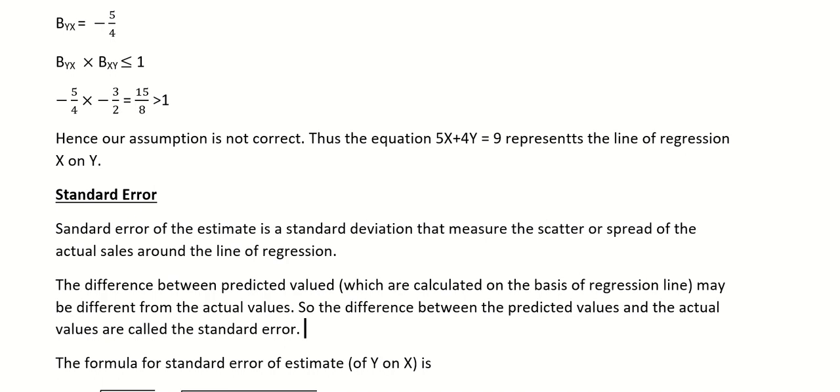Obviously this standard error should be as small as possible, because the more the standard error is, the more problematic the prediction is. It means the prediction is not fine, and if the prediction is not fine, then there is no use of calculating regression.